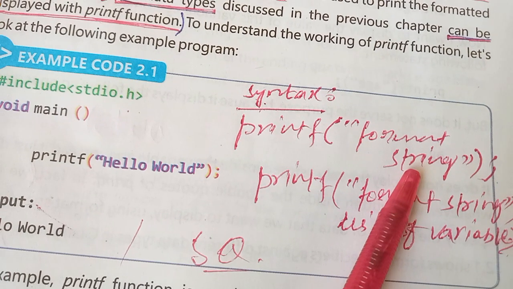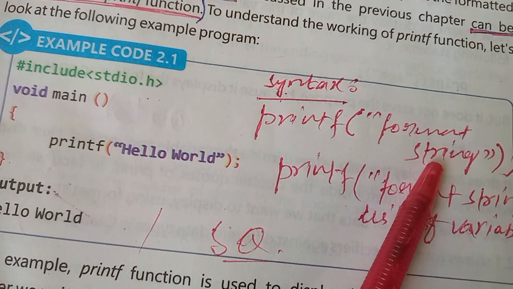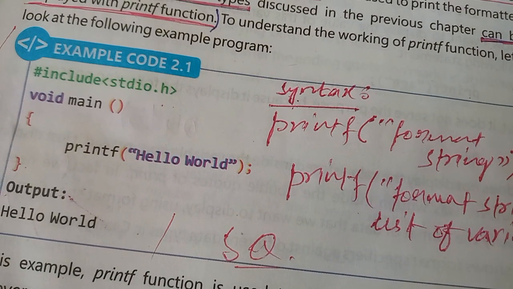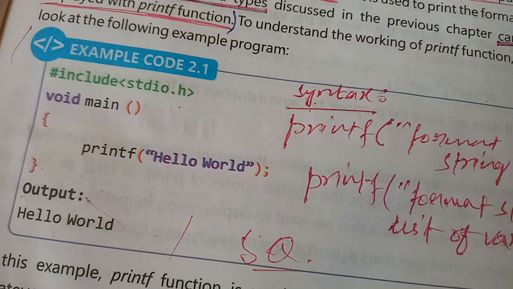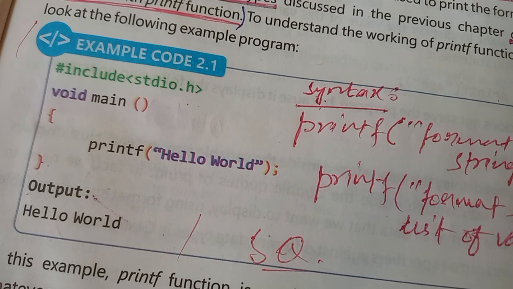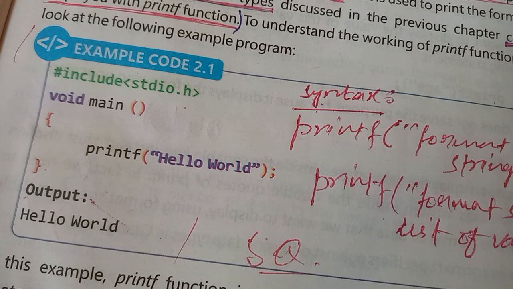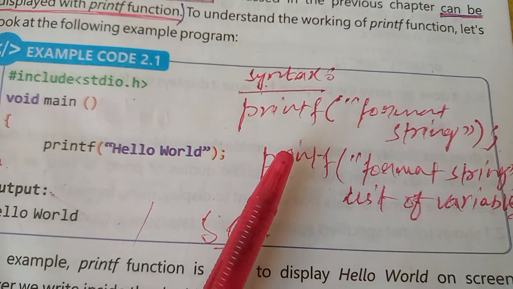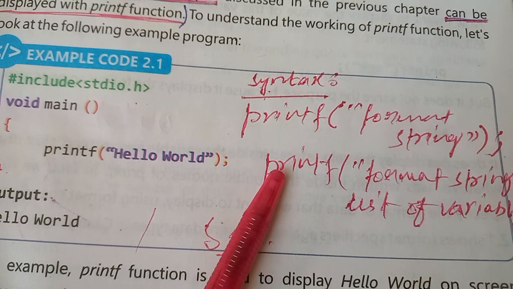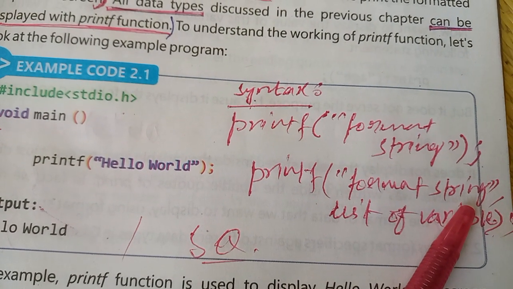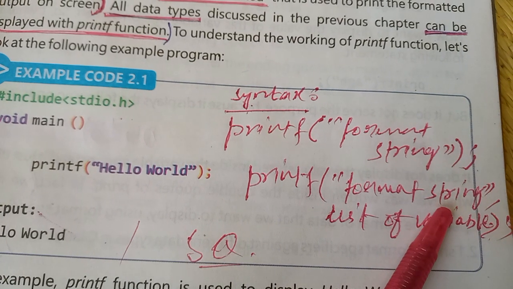A format string is a statement, an expression that consists of English alphabets and may contain special characters or digits. Here is its next syntax. Printf format string. What is a string? A string is a sequence of characters.